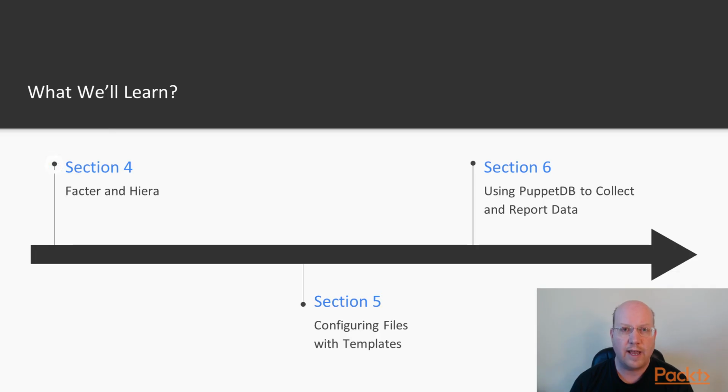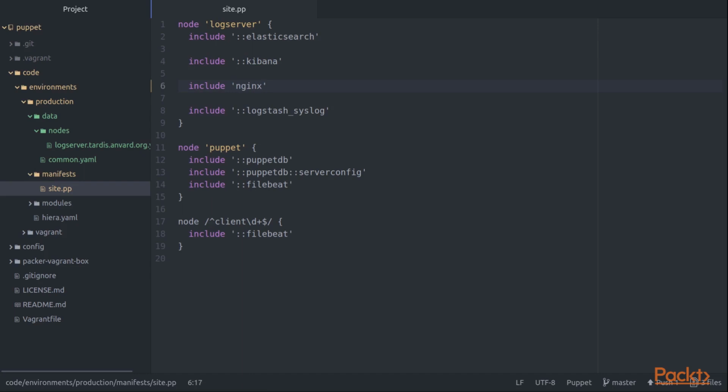In Section 4, Facter and Hiera, we will look at those two tools which Puppet uses to collect information about our systems and to collect configuration information that we can use to better use Puppet to automate our systems.